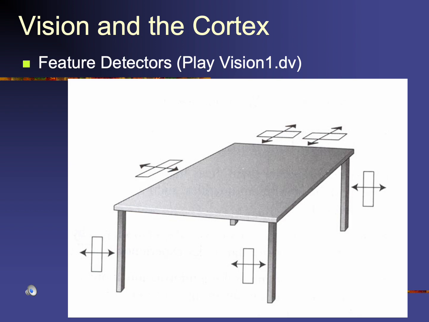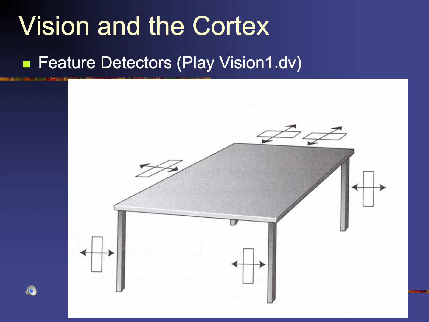In this way, your brain forms a composite of the forms that are out there and the shapes because of the line orientations of these objects and their contours. This is depicting a table here, and you can see that the lines have a certain orientation, so presumably there are sets of cells responding to this. Their composite behavior is interpreted by the brain as a perception of a table.